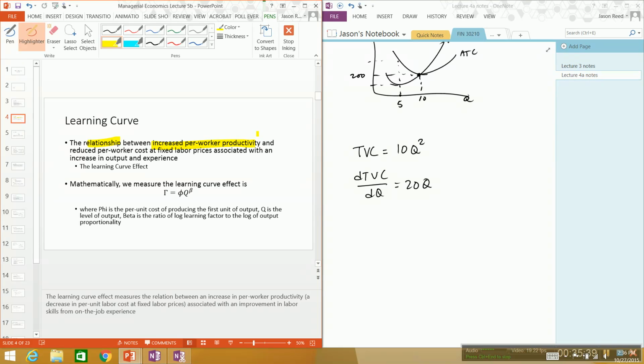You get better and better with time, and the reduced per worker cost. Again, that's important. And what we're saying here is that we are going to fix the labor prices. So you're not getting raised through this time. You're just getting better. So how can we measure this mathematically?